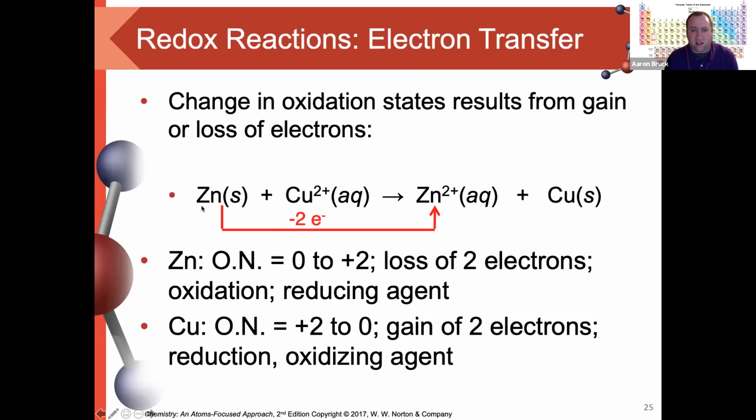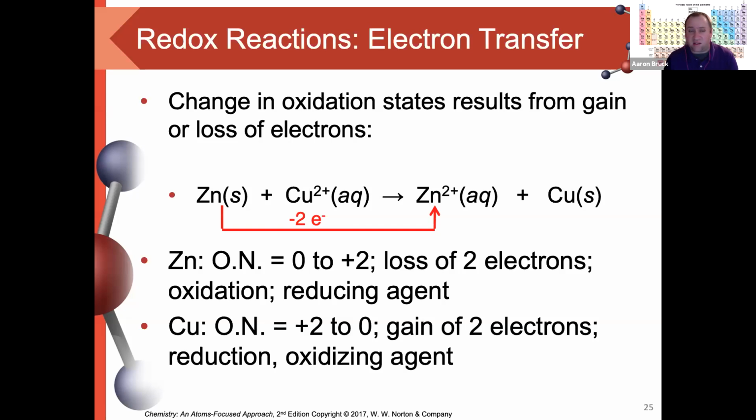I've got zinc reacting with copper 2 plus. The copper 2 plus would not exist as copper 2 plus other than in aqueous solution. How we got the copper 2 plus is we dissolved something like copper 2 chloride or copper 2 nitrate or copper 2 sulfate in water. And that's how we got the copper 2 plus to be available in solution.